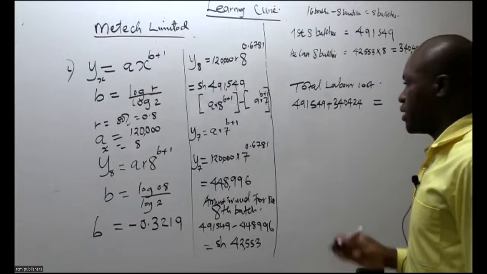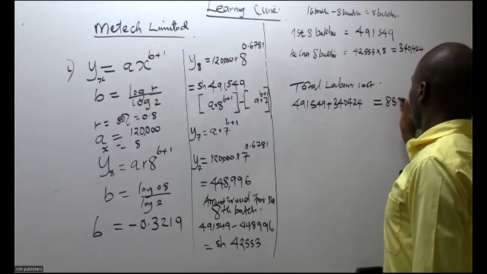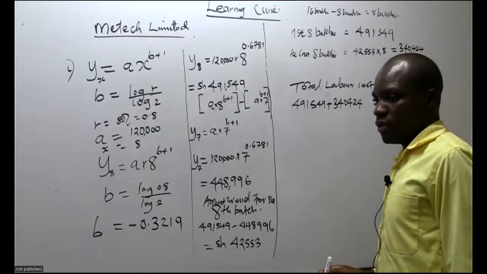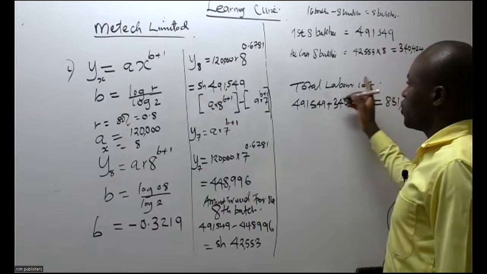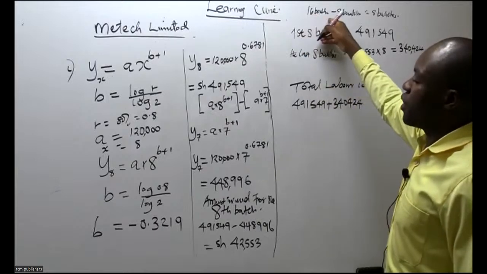You're getting 831,973. So that's the amount you're going to incur to produce all the 16 batches.